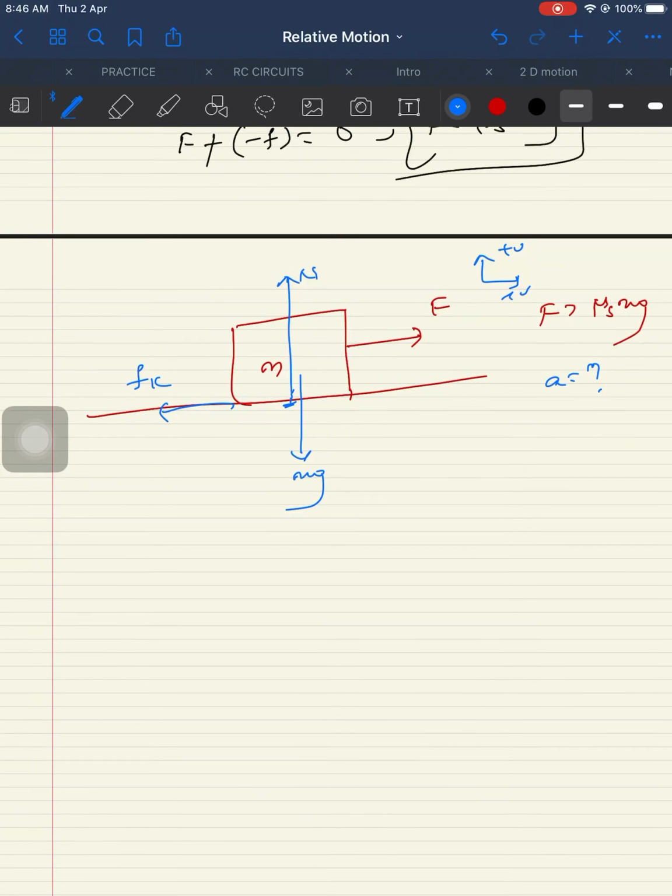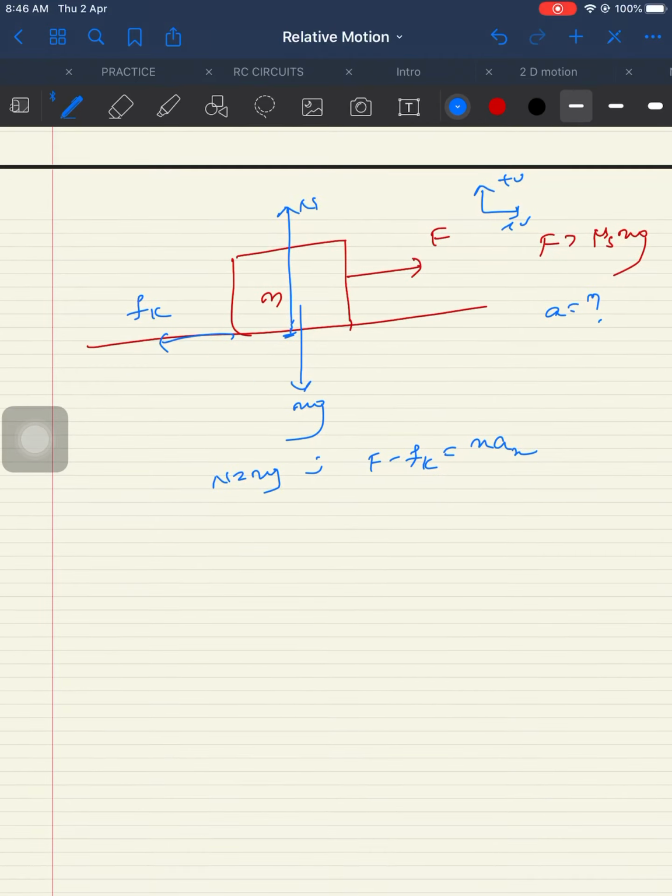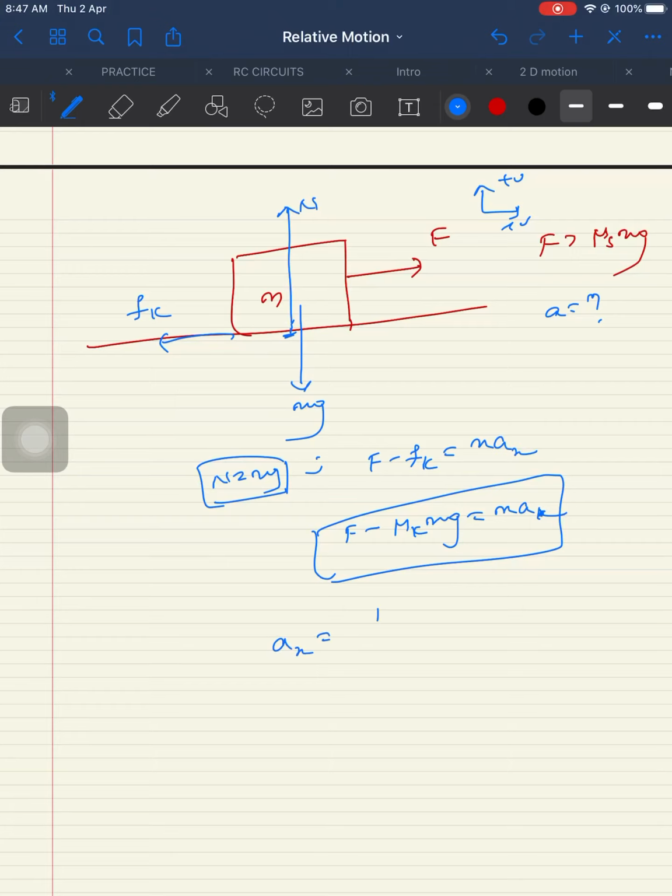So now N is equal to mg, since there is no acceleration in the vertical direction. F minus kinetic friction is equal to m a x. Kinetic friction is mu k into N, which is mg. So F minus mu k mg is equal to m a x. So this is how a x is equal to F by m minus mu k into g. Acceleration in the x direction.